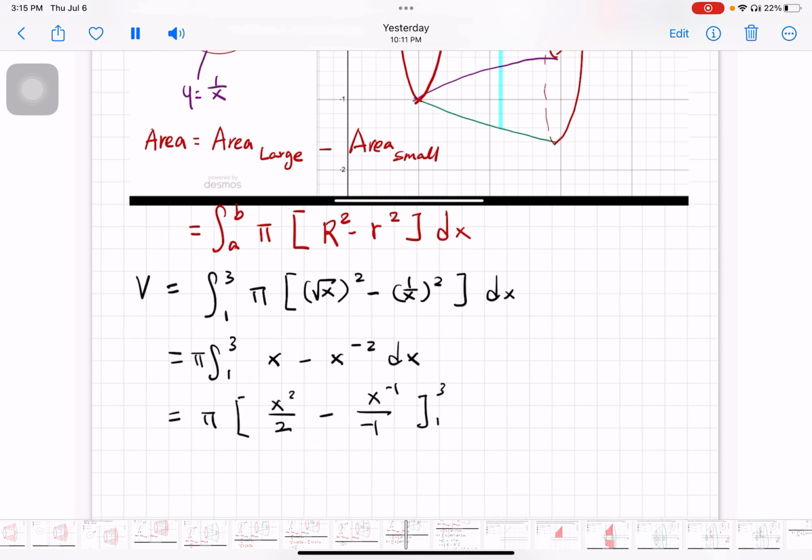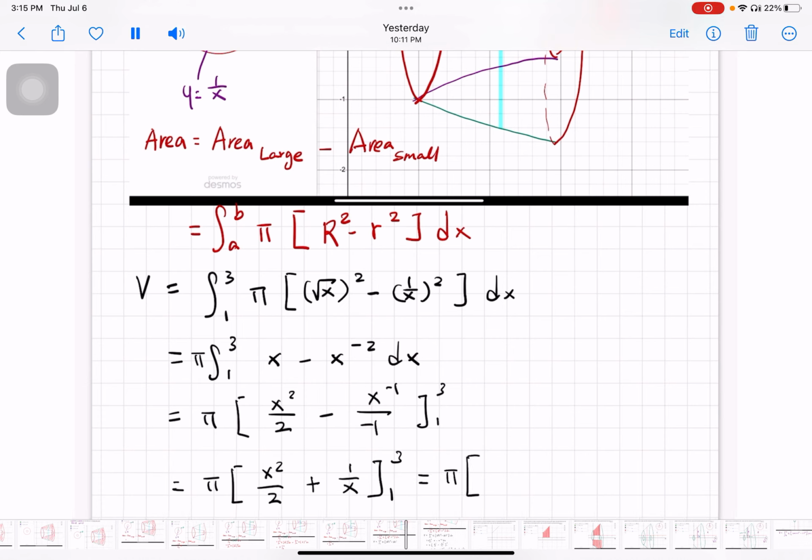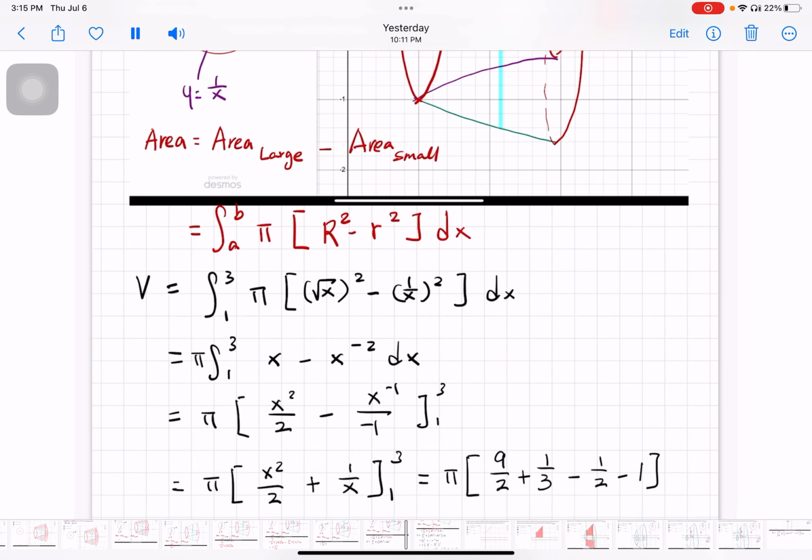We got x squared over 2 minus x to the negative 1 over negative 1, which is x squared over 2 plus 1 over x, evaluated from 1 to 3. Which is 3 squared over 2 plus 1 over 3 minus 1 squared over 2 plus 1 over 1.